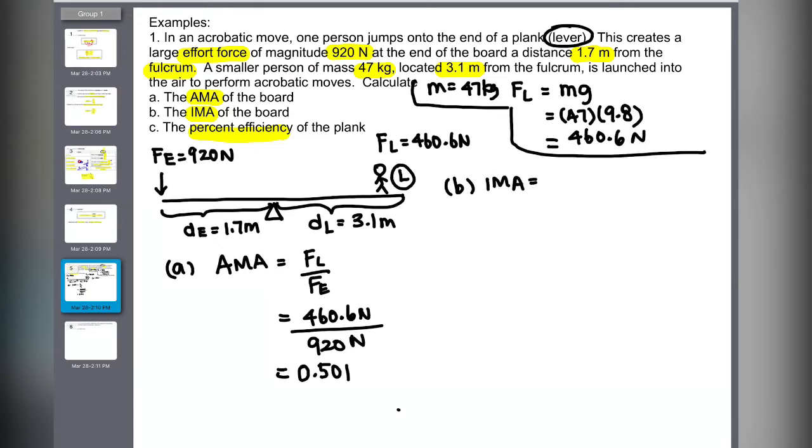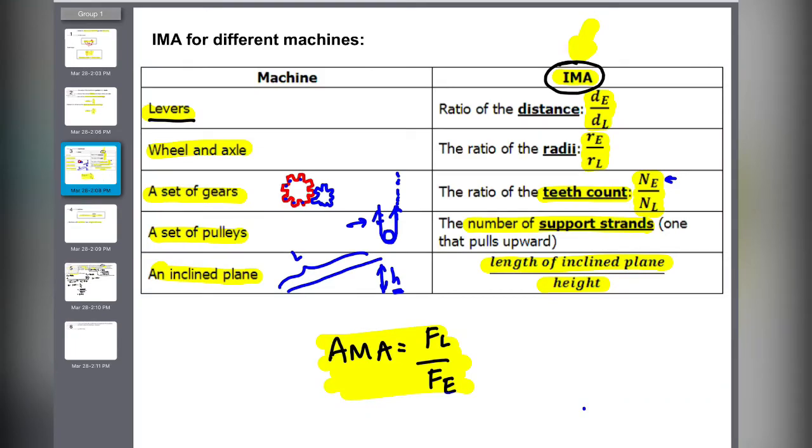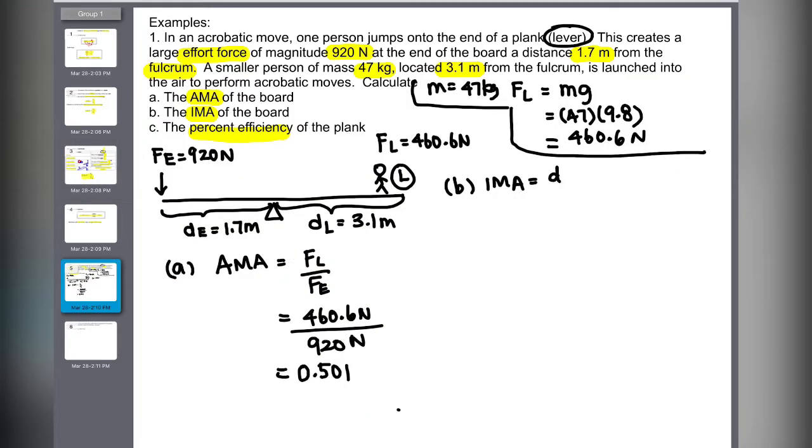IMA is DE over DL. DE in this case is 1.7 meters. DL is 3.1 meters. Punch that in your calculator. 1.7 divided by 3.1 is 0.548. I'm just going to keep 3 decimal places.